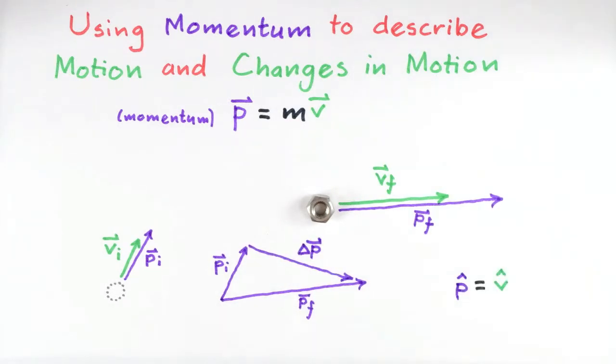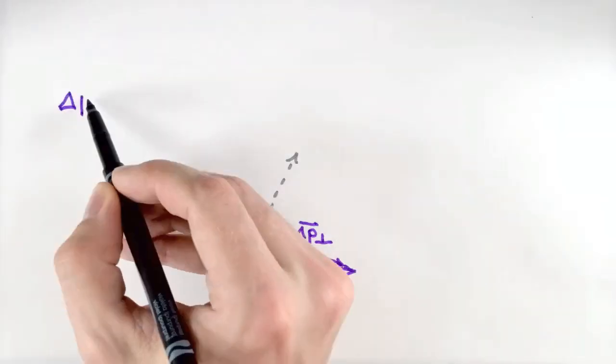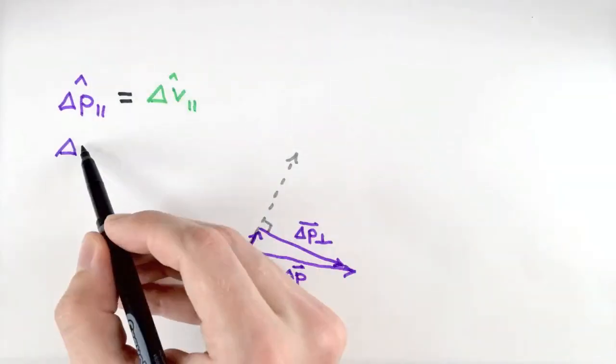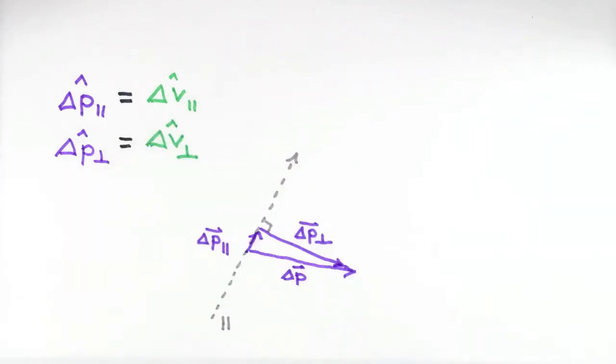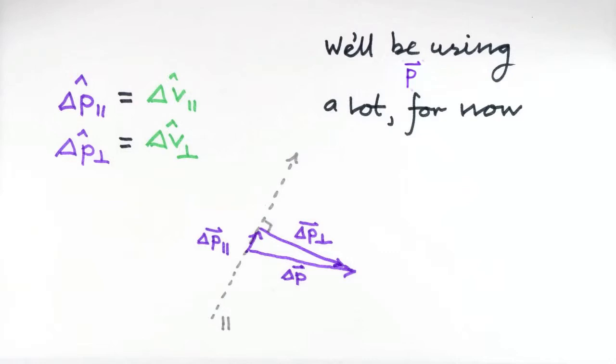And moreover, delta p can be decomposed into the sum of delta p parallel and delta p perpendicular, each of which point in the same directions as, respectively, delta v parallel and delta v perpendicular. For the next few lectures, we'll be making more use of momentum, because there will be a few advantages to this, including making our discussion more consistent with the textbook.